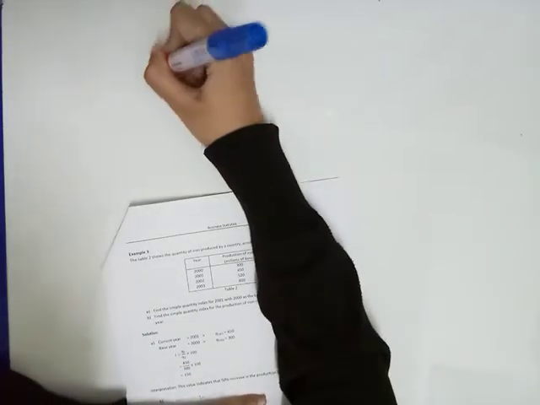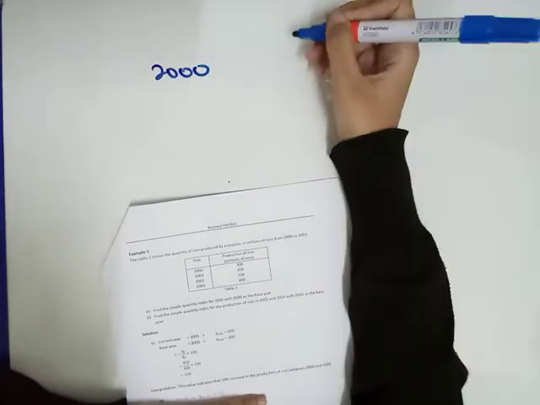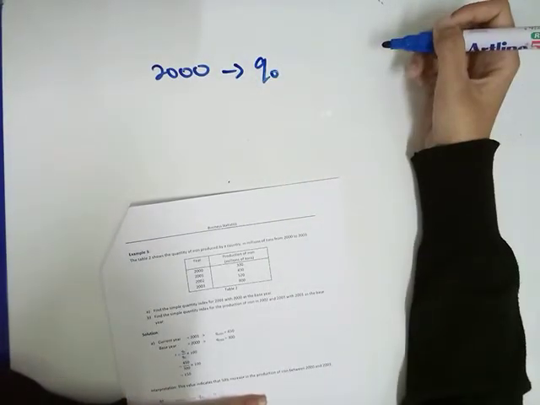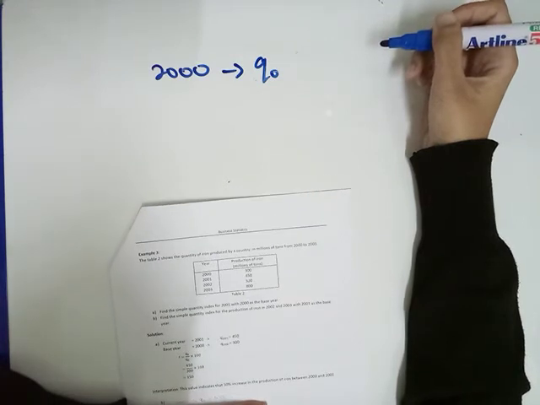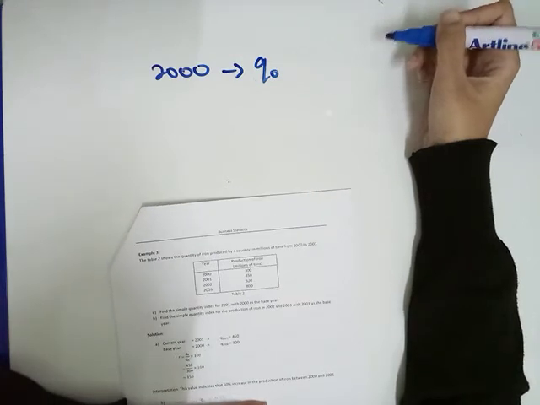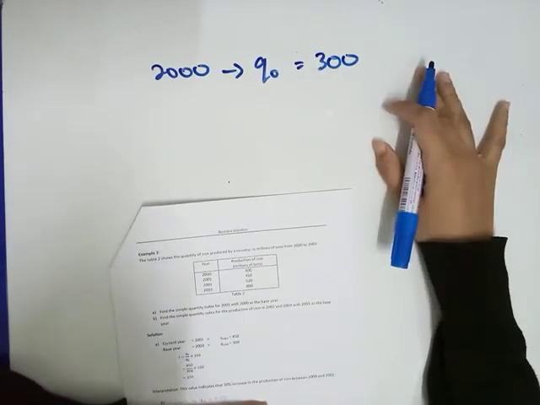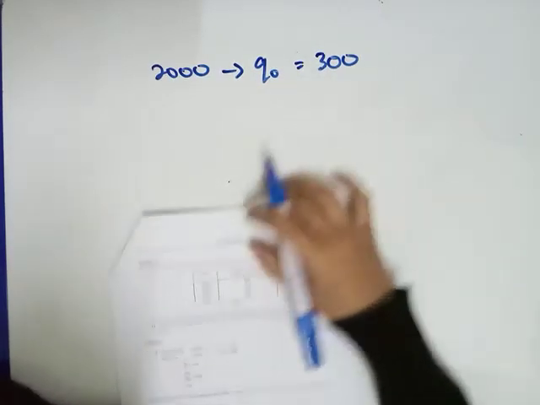Okay, so dia bagi tahu kat situ, 2000 as the base year, that means it is Q naught. Okay, and then the production of iron is 300. Okay, and then we need to find the simple quantity index for 2001.